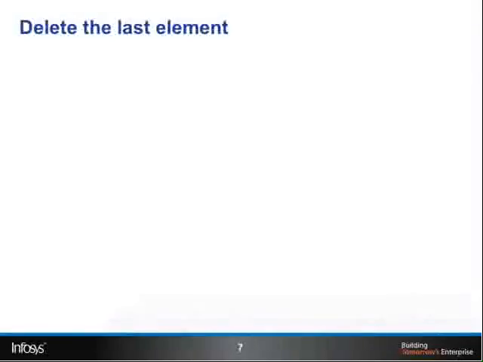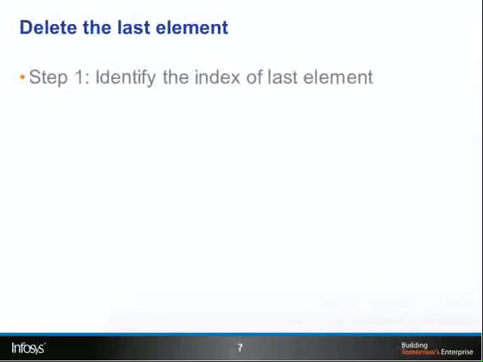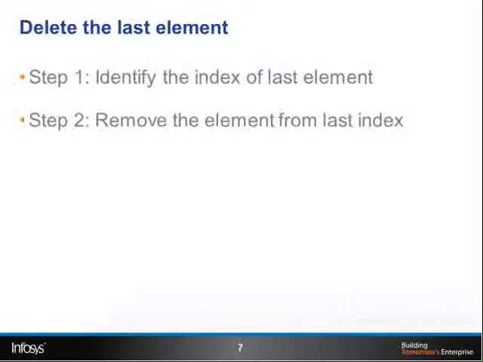Now let's consider the last operation, that is deleting an element in an array. Again, let's consider the situation where we delete the last element in an array. There are two steps involved in this case. The first is to identify the position or the index value for the last element, and the second step is simply to remove that element.